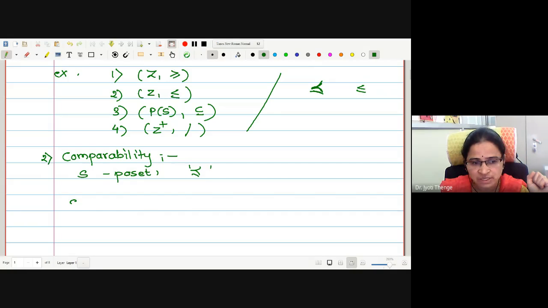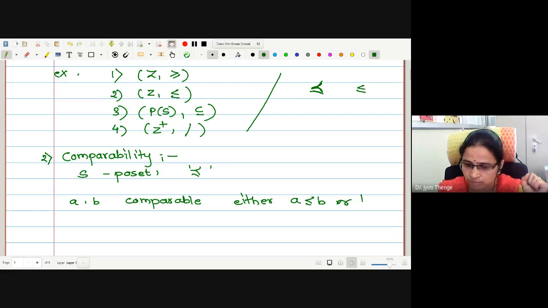Then the two elements A and B are said to be comparable if either A precedes B or B precedes A. We are calling this precedes and succeeds.